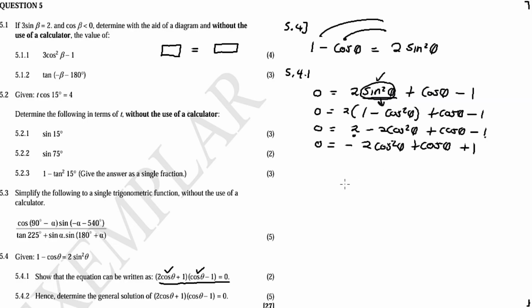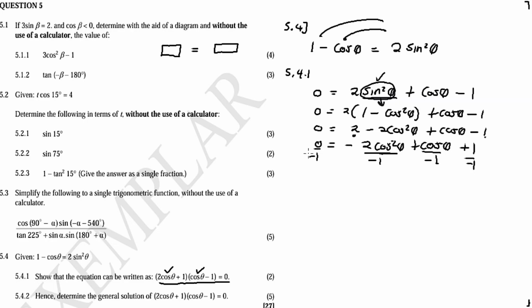Now I want to factorize the trinomial. It's actually a quadratic equation. We have descending powers from cos squared to cos in a trinomial, just like minus 2x squared plus x plus 1. So here we must divide by minus 1. Why is that?